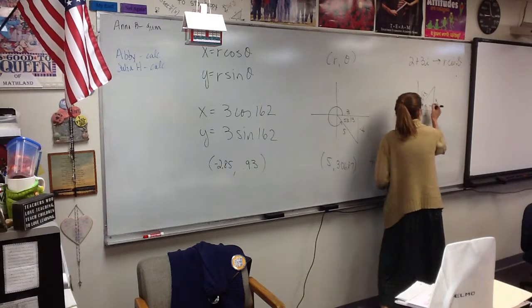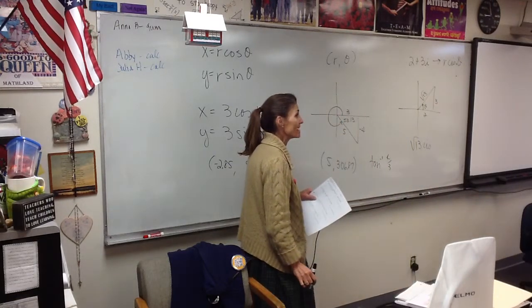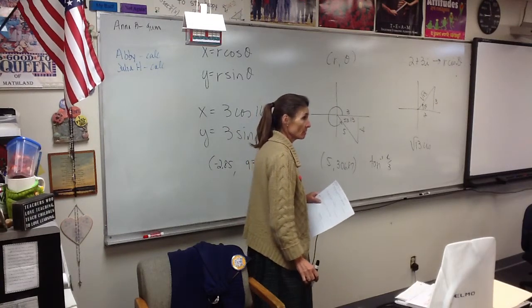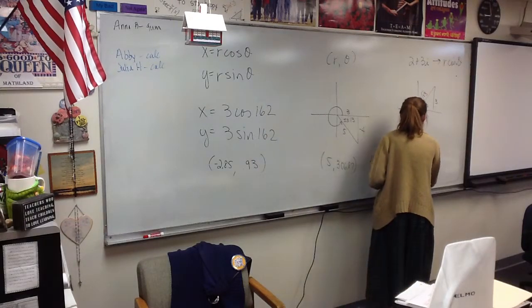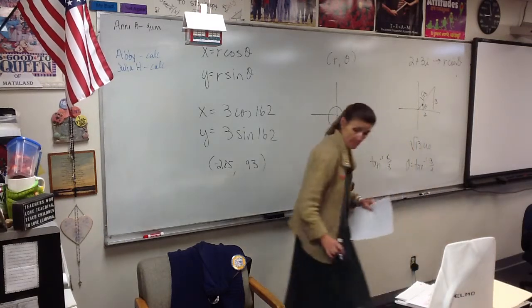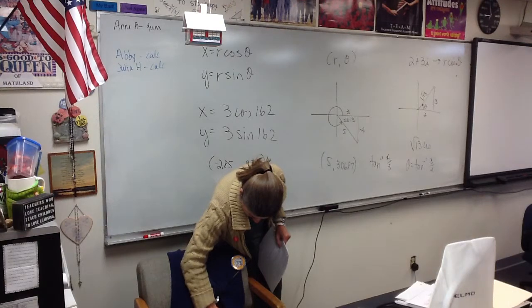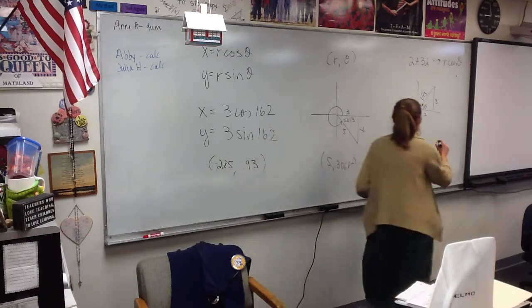And here's theta. This is an easy one. It's right there in quadrant 1, so I don't need to add or subtract or do anything. I just need to find it. And how am I going to find that? On my calculator, second tangent 3/2. And second tangent 3/2 is 56.31.